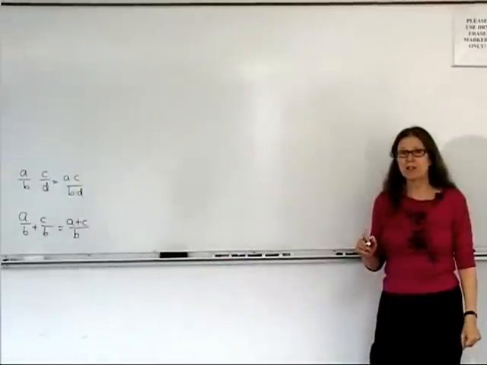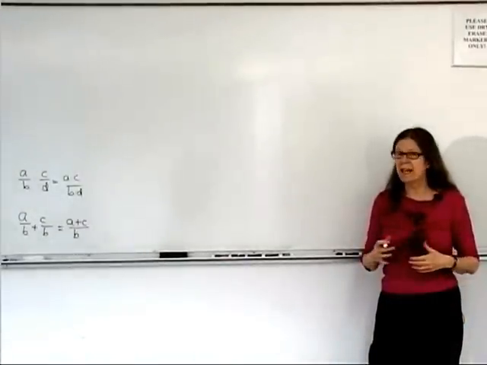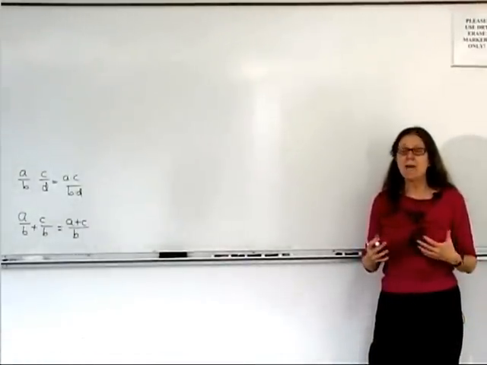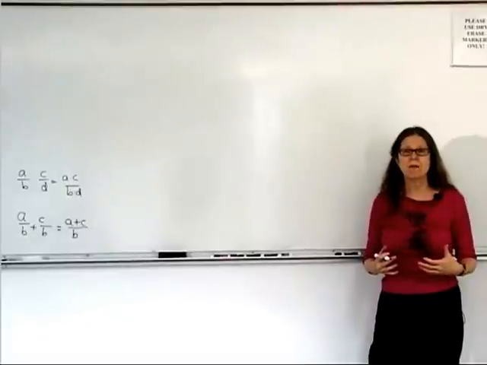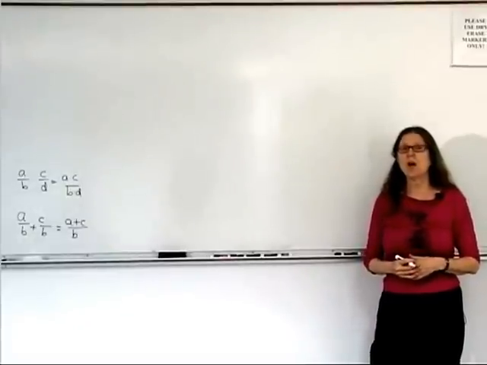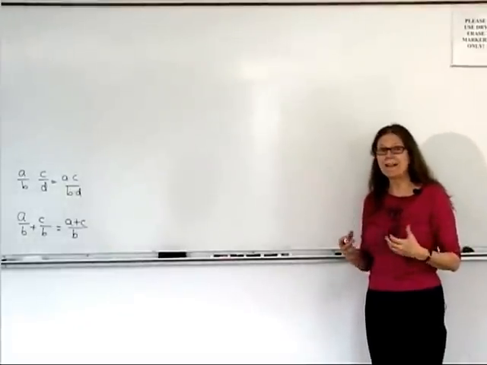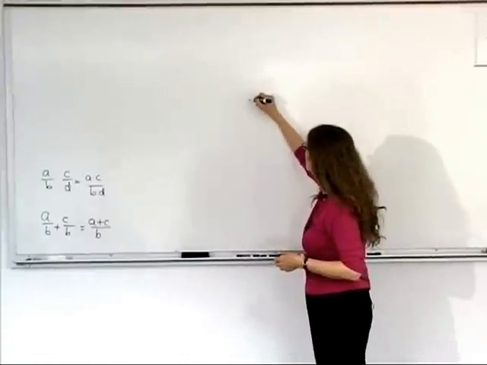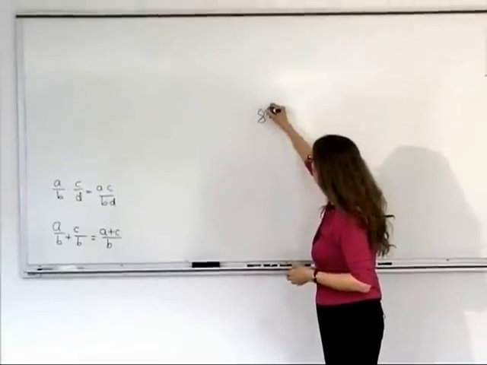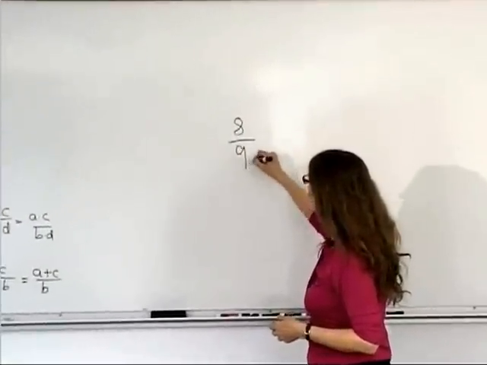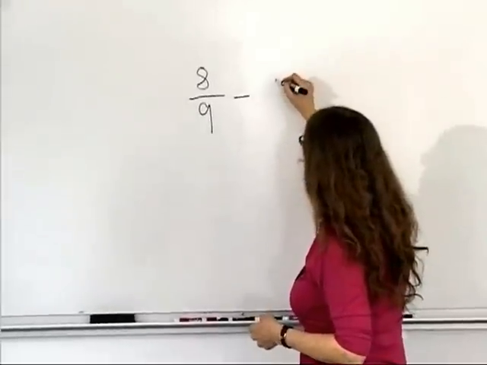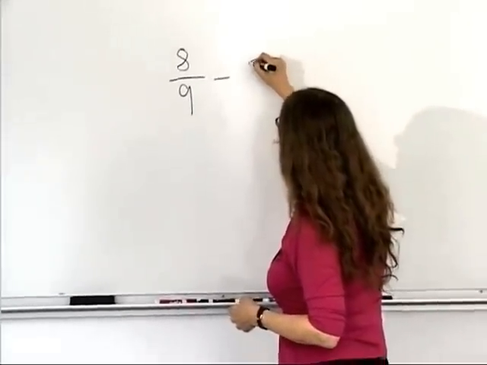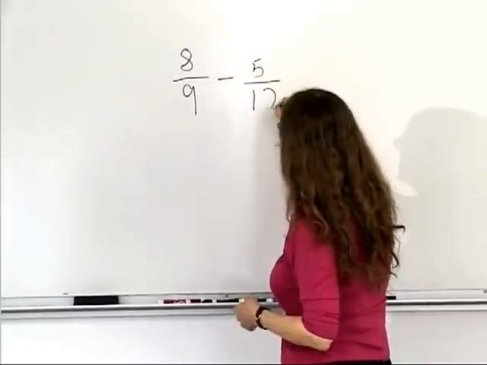Now, subtraction is kind of related to addition, and it operates the same way that addition does. So if we wanted to subtract fractions, let's say we had a problem like 8/9 minus 5/12.